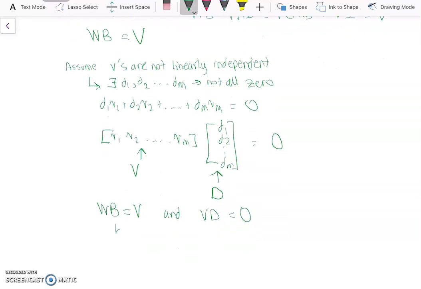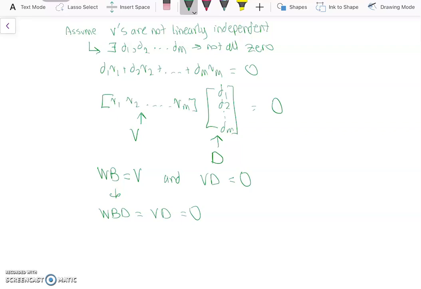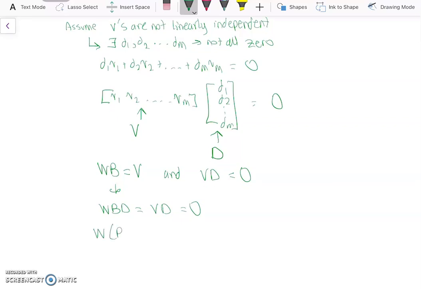Now if we multiply both sides of the first equation by D, we have WBD equals VD equals 0, which means W times BD is equal to 0. And remember, B is an m by m matrix, D is m by 1, and this means that BD is also m by 1.